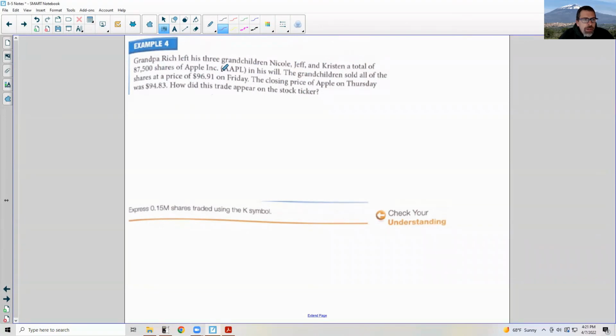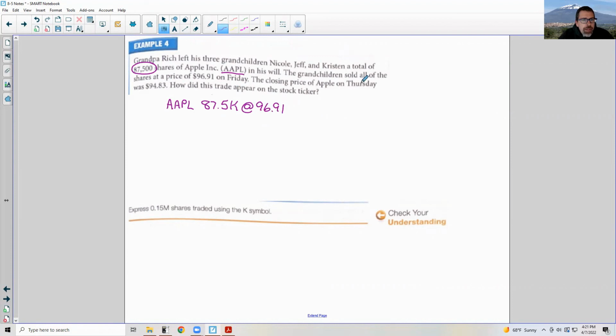So you always start with the stock symbol, A, P, L, and then there's a space, number of shares, 87.5K, it's 87,500. Use the @ symbol, the price, 96.91.